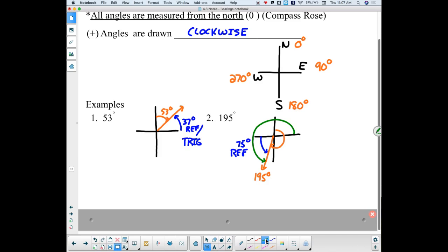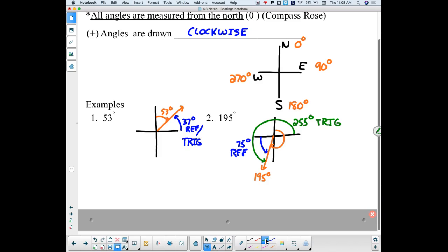No, 255. It's got a 255-degree trig angle. Why'd you draw it from the 90 degrees? Because trig starts with 0 straight out to the right. There are all 3 different ways to name the same angle. Orange is navigation, blue is reference, green is trig. Depends on what we're doing with it as to what we're going to use. Makes sense?